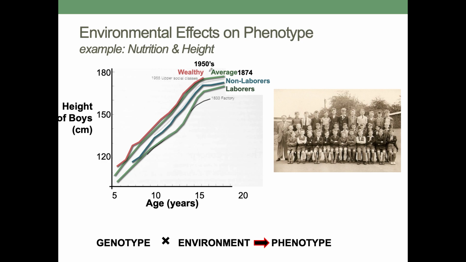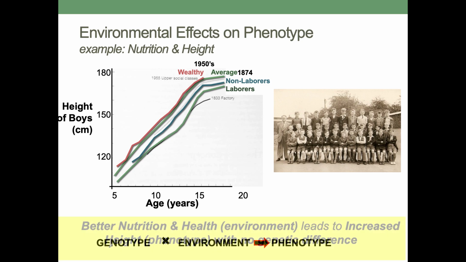It's just that they have access to better nutrition and less environmental stress on the body due to their wealthy environment. And that influences their phenotype. That is the environmental component influencing how tall they are, not what gene they have.